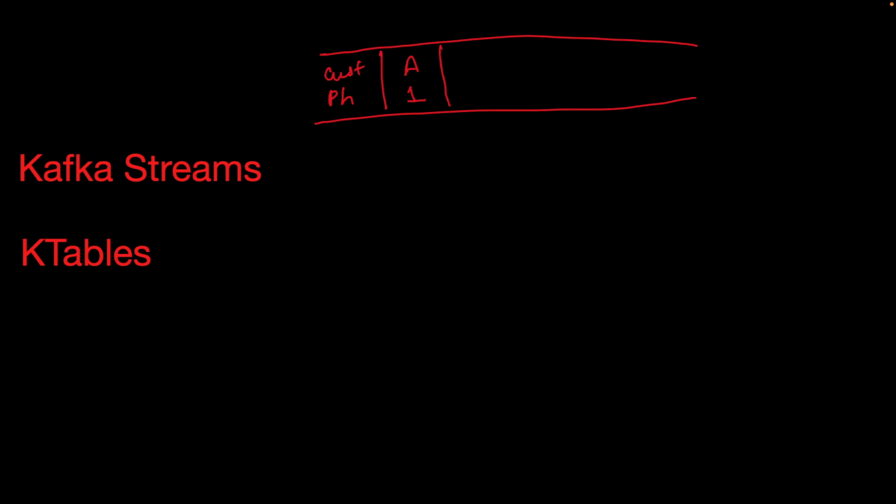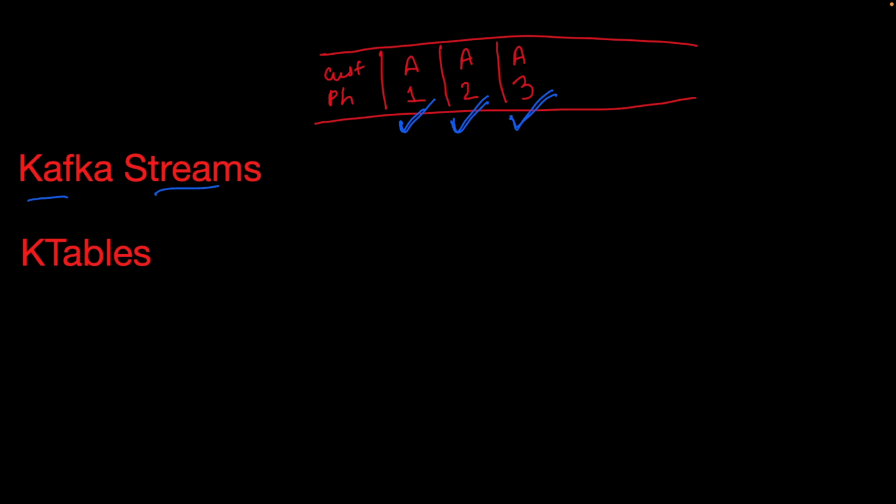The customer with ID A then updates his phone number to 2, and then updates his phone number again to 3. If we are performing the operations using Kafka Streams, then we get each individual event separately. So we are going to get each and every one of these messages.